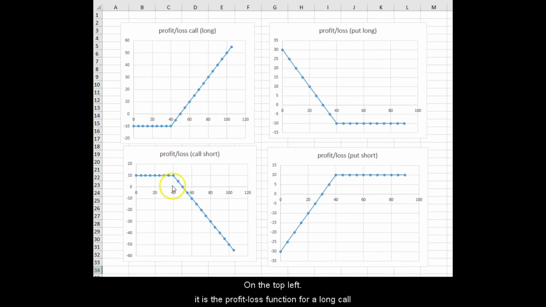So this is the profit loss for the long position. Top and bottom: this is a long position, this is a short position. Similarly for the put, this is a long position and this is a short position.